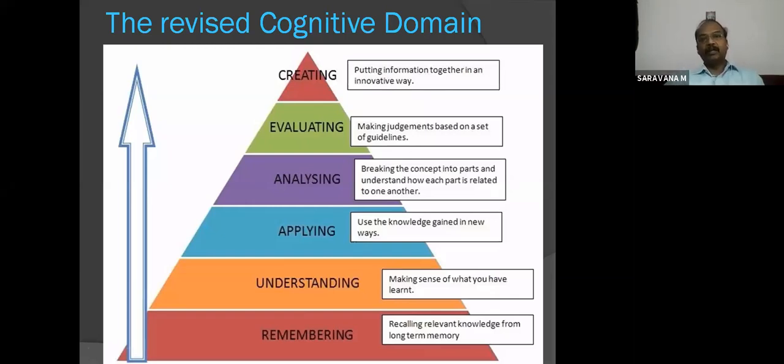It may be writing a new program, or designing a new object, or stitching a new design or garment, or whatever it may be. It depends on the particular field. So remembering, understanding, applying, analyzing, evaluating, creating is the revised cognitive domain of Bloom's taxonomy.